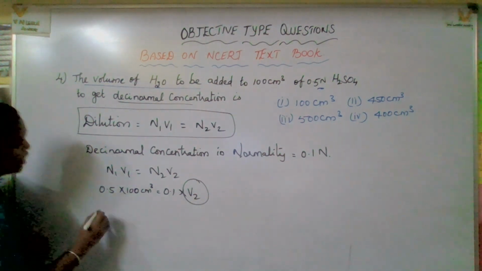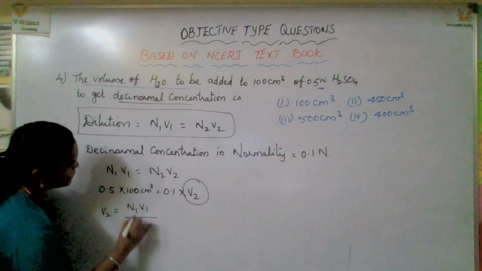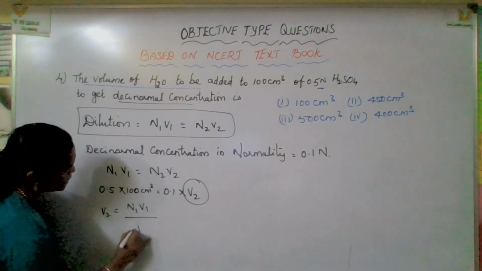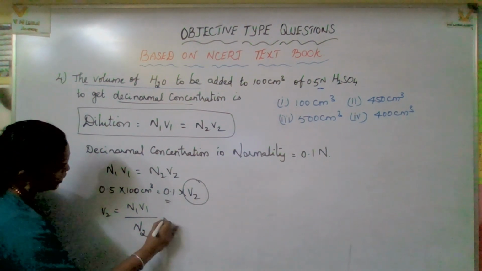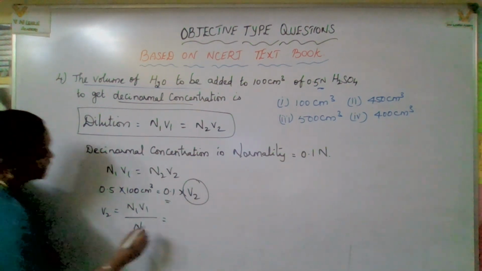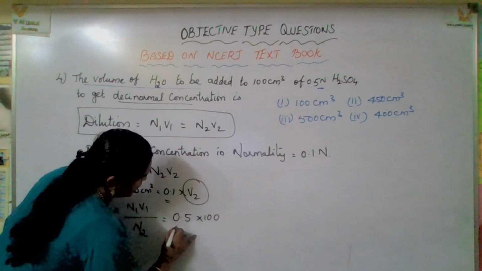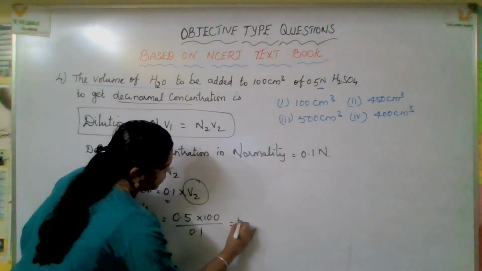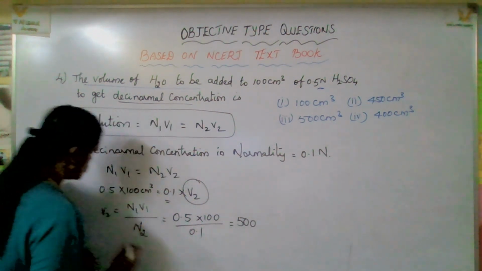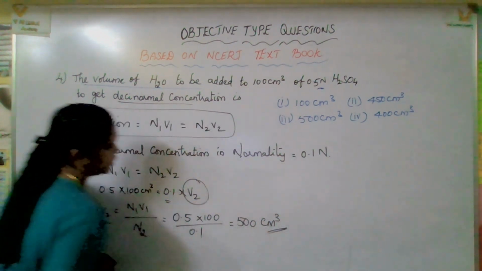So V2 is equal to N1V1 by N2. Let us apply the values: 0.5 into 100 divided by 0.1. What is the answer you will get? 500. It is a volume, so you give the unit cm³.